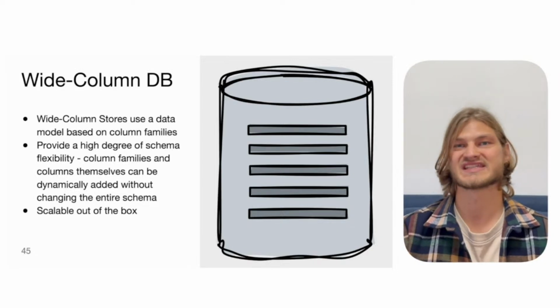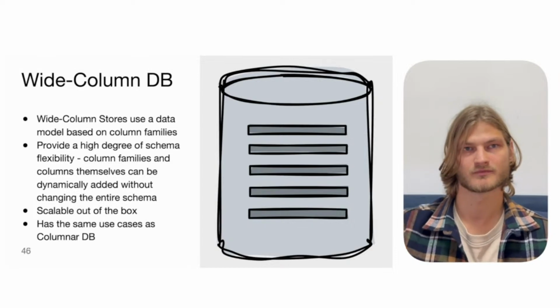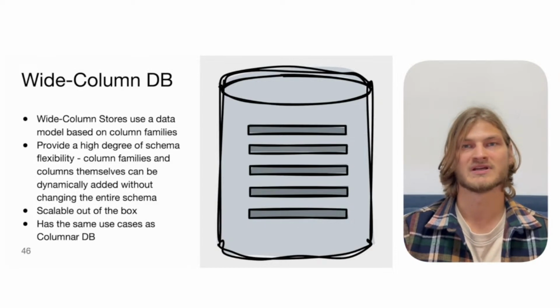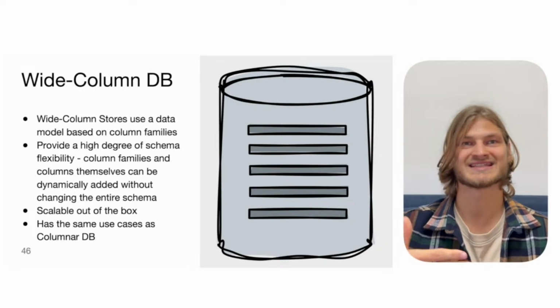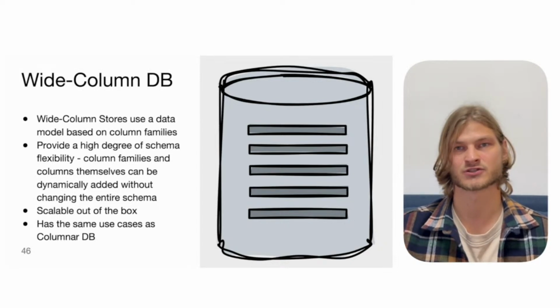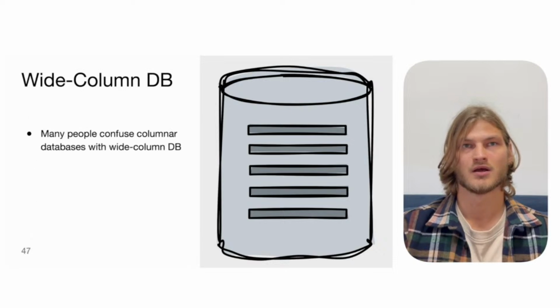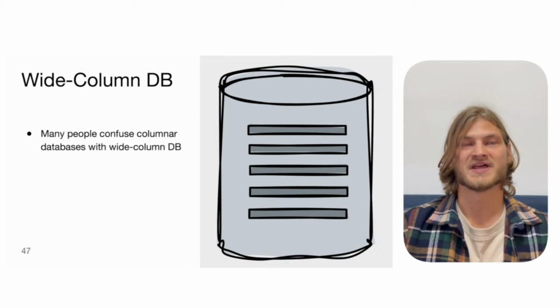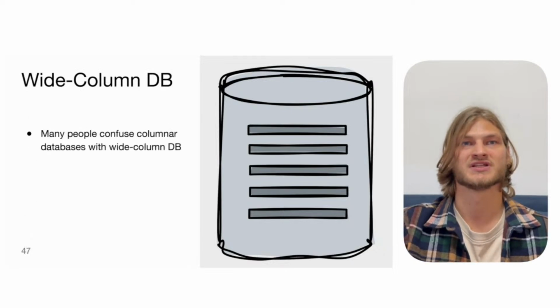And it is also scalable out of the box. I need to mention that it has the same use cases as columnar DB. So that's why many people confuse columnar databases with wide column DB.